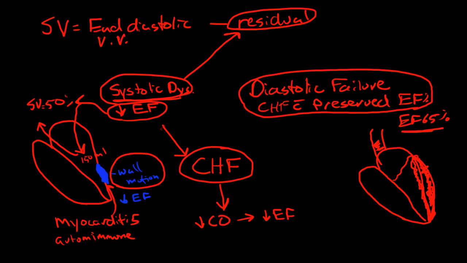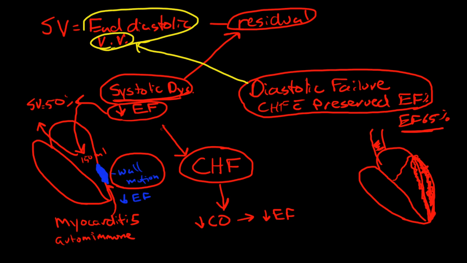With diastolic dysfunction, we are decreasing the volume of the ventricle, or the end diastolic volume. So we're affecting the other side of this equation. Both have the same end effect of decreasing stroke volume and decreasing cardiac output, but they just arrive there from different sides of the equation.